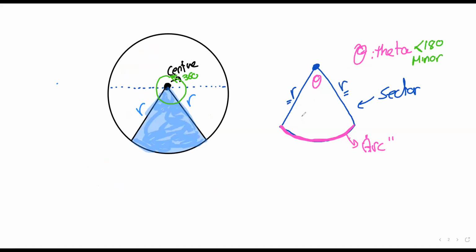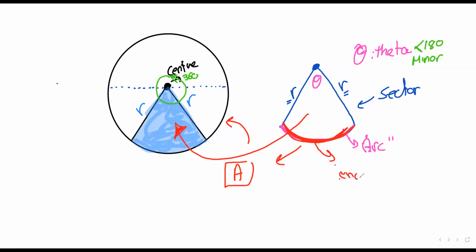Now please remember that the sector comes from the circle. So if I wish to calculate the area of the sector, I will use the area of the circle. If I wish to calculate the length of this arc over here, I will use the circumference of the circle.